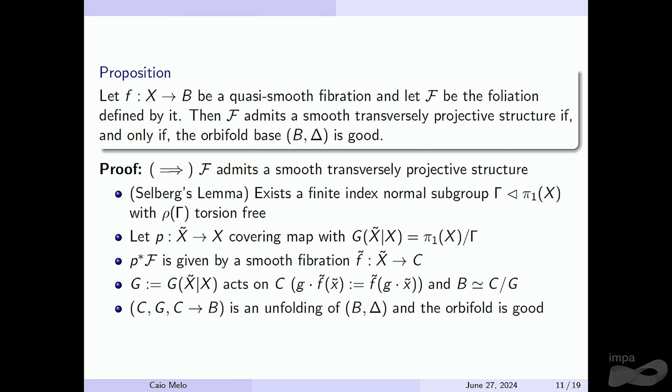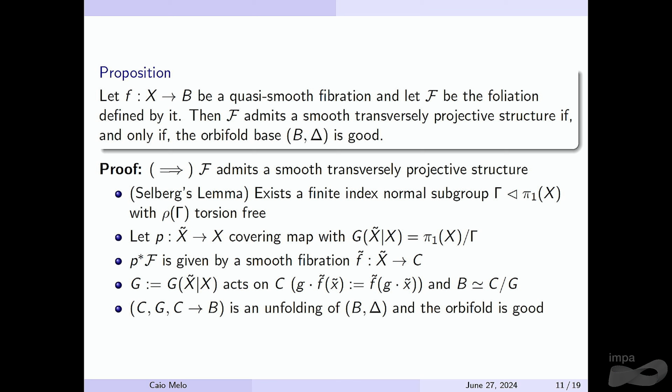Okay, so the proof of the proposition. We first assume that the foliation admits this structure, and we apply Selberg's lemma to construct a finite-index subgroup of the fundamental group of X, where the image by the monodromy I told you about is torsion-free.